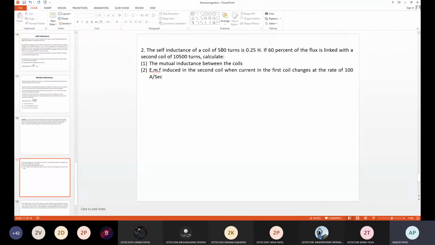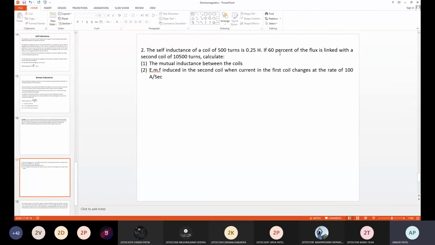This 500 means what? N1. N1, good. This 0.25, L. Yes, L1. We have two coils here. You can write L or L1. This 60% indicates what? phi12 is equal to 0.6 phi1.